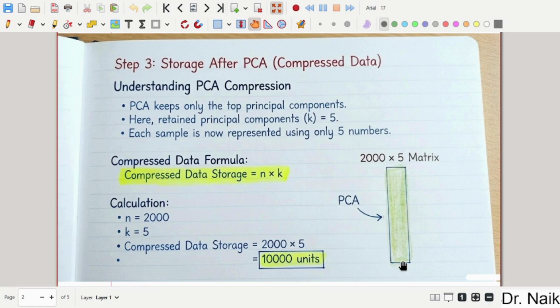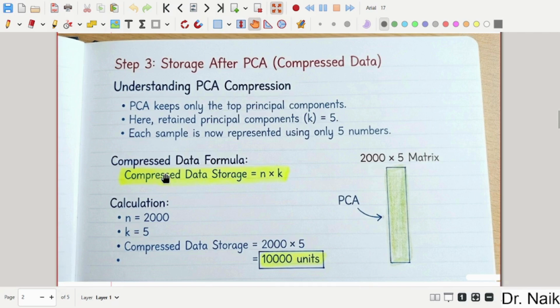So sample 1 is a column vector with 5 entries. Similarly, sample 2 is a column vector with 5 entries, and sample 3 as well. This goes till our last sample, sample number 2000, which is a column vector with 5 entries.